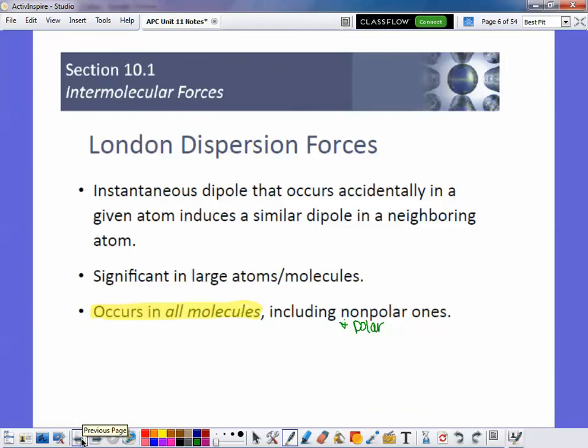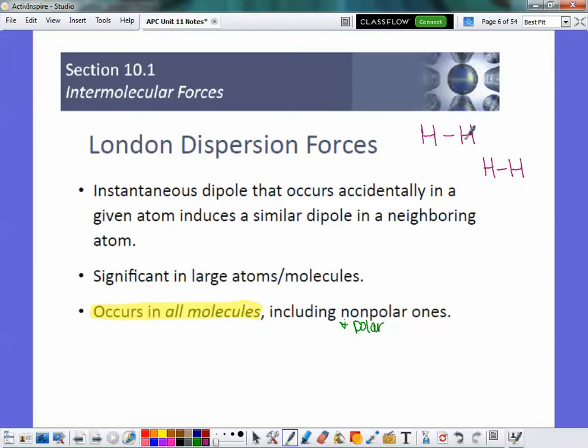So, for example, in the hydrogen molecule, H2. That is a covalent bond, right? How many electrons are there? 2. There's 2 electrons in that bond. Hydrogen doesn't have any more. And then there's another hydrogen molecule coming up near it, okay? Those 2 electrons in this hydrogen molecule, while they are being shared equally, they are not always going to be evenly distributed about both atoms within that hydrogen molecule.